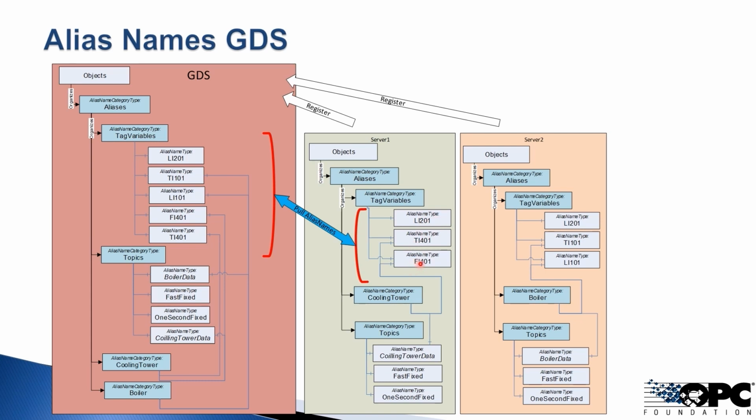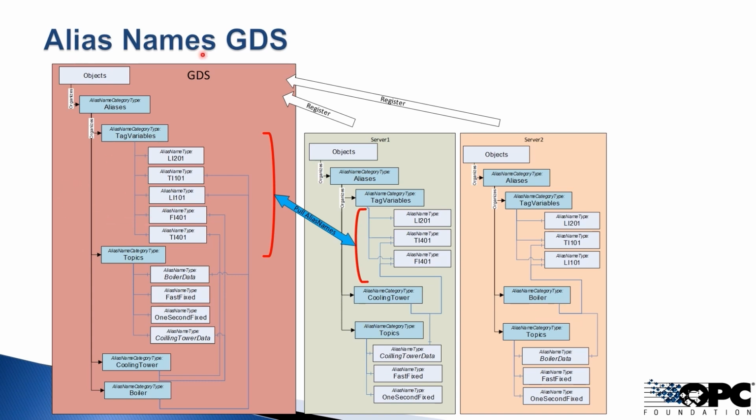So the idea is now that each server could have its own locally assigned tag names that are available. So if I connect directly to the server, I can find the tags in its server, but separately or in addition, I can go to the global service here in the GDS, and here I can resolve all tag names in all of the servers in the system, and which of course is typically how clients will prefer to use it.